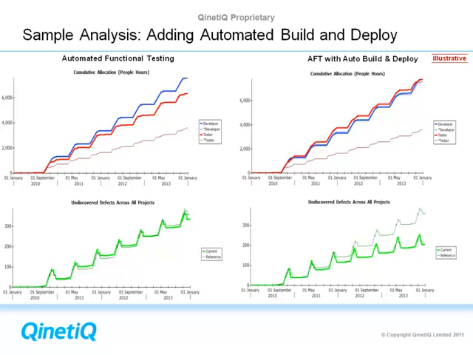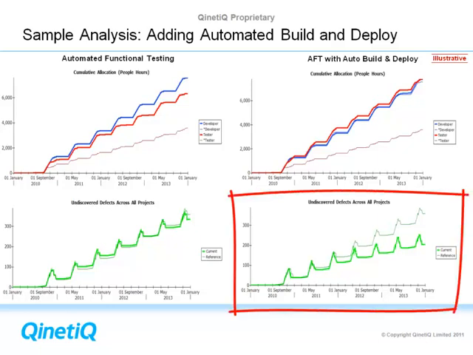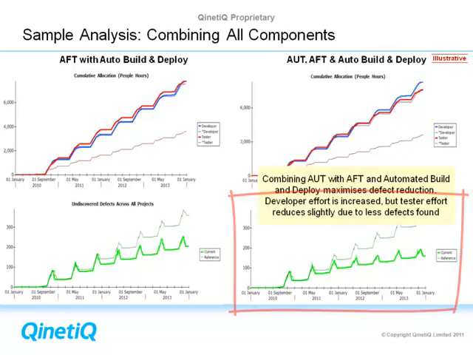And so that's the next strategy we're going to try. So this is automated functional testing, and this is with the additional automation strategy of build and deploy. So again, we've got an increase in tester effort, but now we've got that improvement in terms of defects within the code.